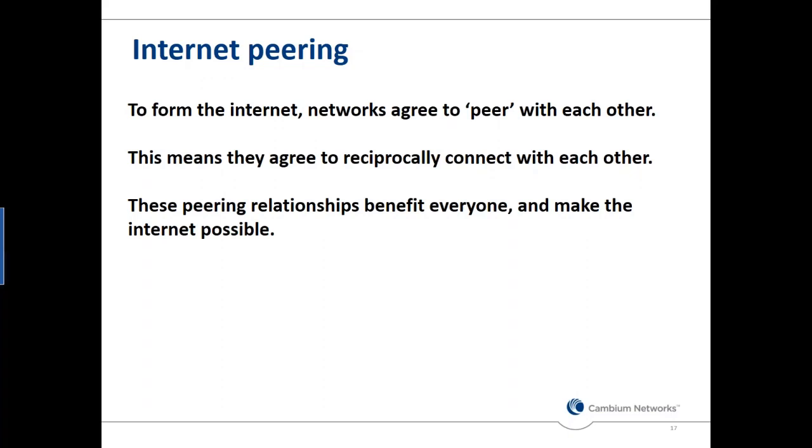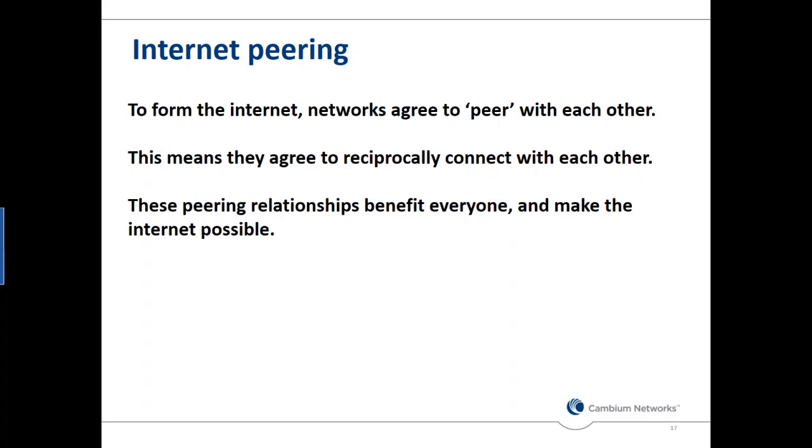This means that AT&T and Verizon agree to connect their networks to each other because they see it as being mutually beneficial. AT&T's customers can access services and applications that Verizon's network has, and vice versa. So it's mutually beneficial, and this is really how the internet is created, basically.